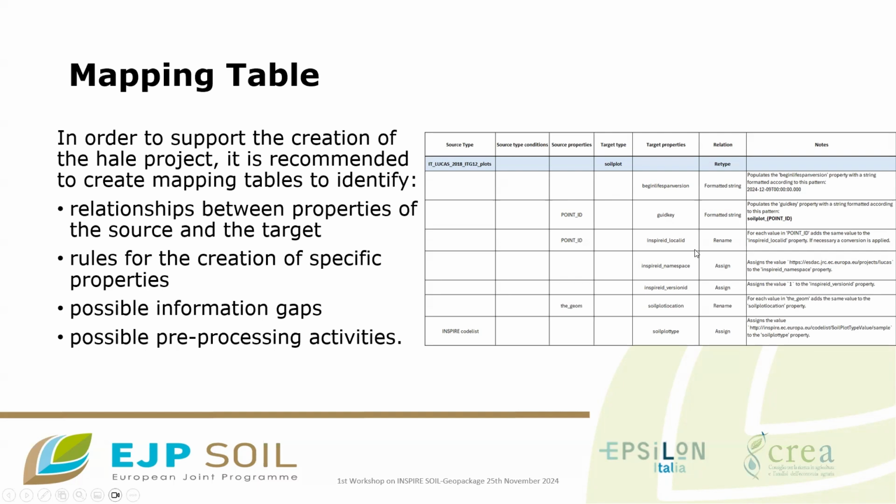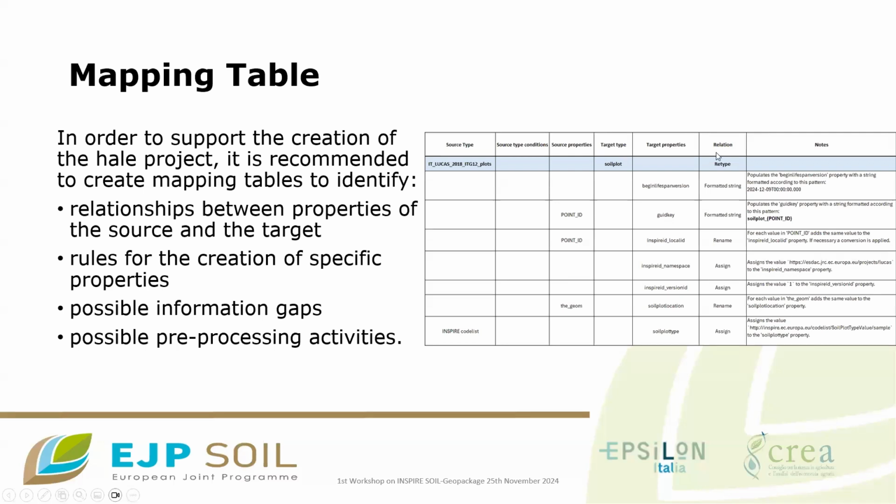You see it in the slide on the right, where you write down which is the source type. If there are any source type conditions, we will have one in the Hale project, which are the source properties and which is the target type, the target properties.